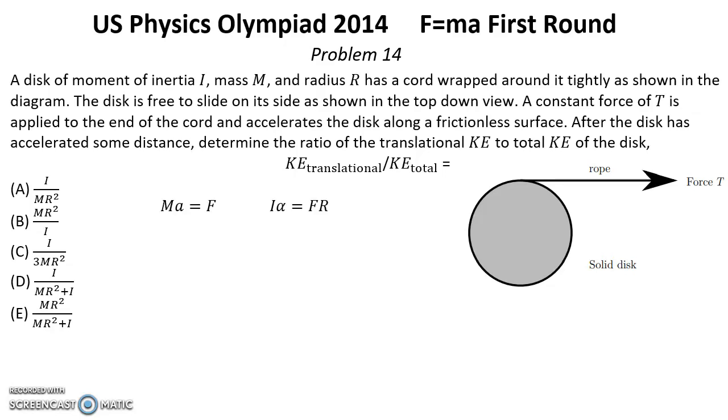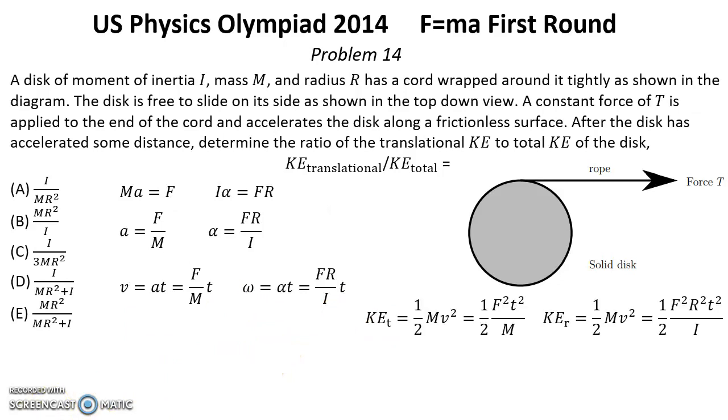Solution. First, we can write translational and rotational equations for motion of this disk and find what is acceleration and angular acceleration. Acceleration will be F over m and angular acceleration Fr over I. After time t, we can find what is velocity and what is angular velocity for this disk.